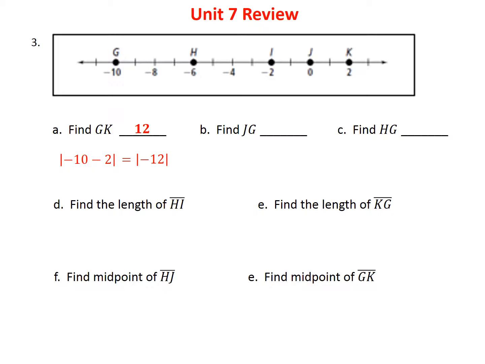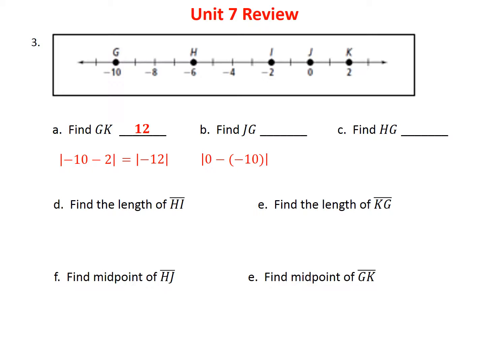By the way, you could also start at G and just count over, and you would find out that there's 12 units between them. Next is JG. J is 0, and G is minus 10, so I have 0 subtract minus 10. Remember, however, that subtraction is simply adding the opposite.